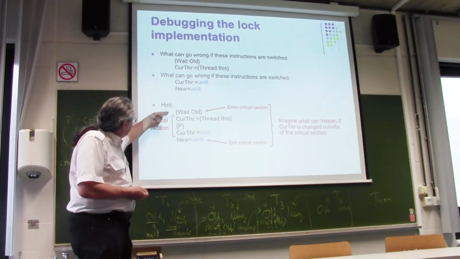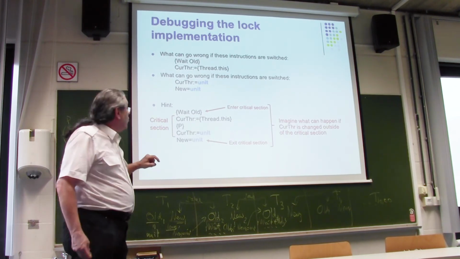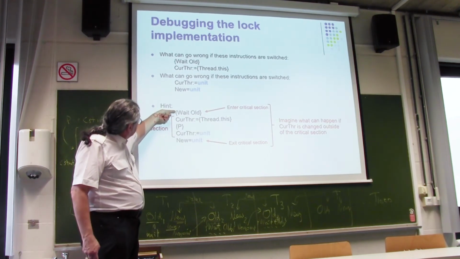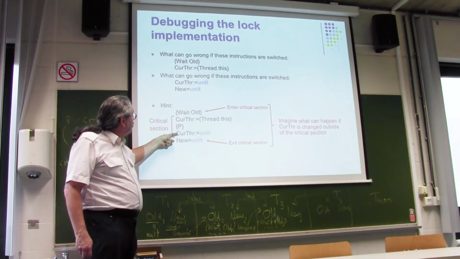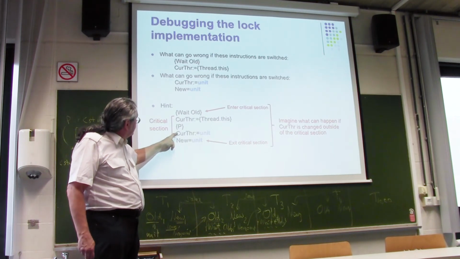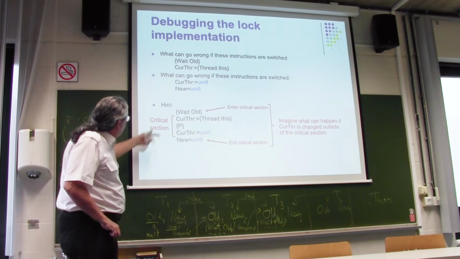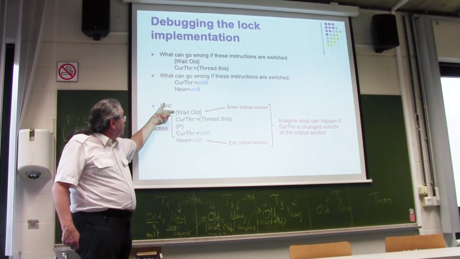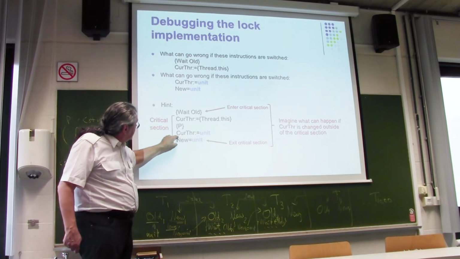So here we have the body of the token passing. We have the wait, we bind current thread, we run P, we bind current thread to unit, and then we bind new to unit to pass the token. So wait old enters the critical section, so it's right at this point, and new equal unit leaves.